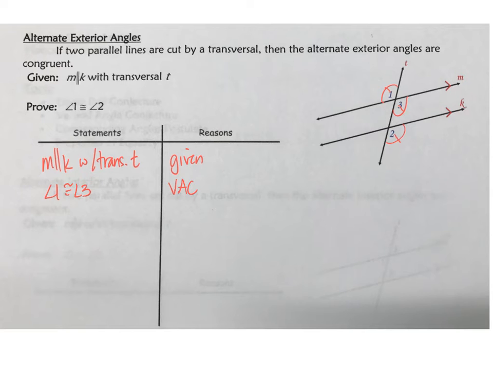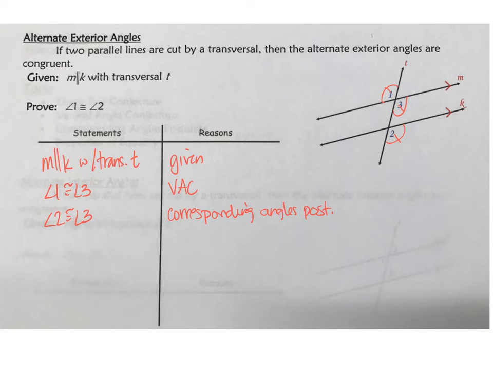I also notice 2 and 3 have to be congruent because of corresponding angles. Okay, and again, picture-wise, it looks like I have it done, so I really just need to do a substitution.